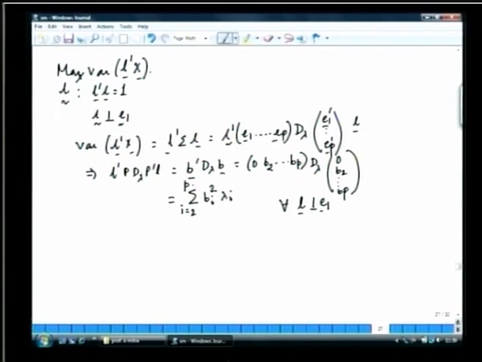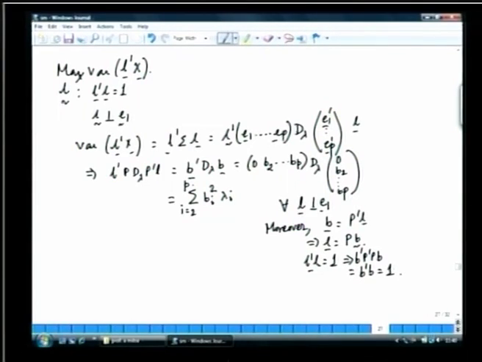And how is this coming? Moreover, we have certain other things to be followed. We have B, if you see that B has been replaced for P prime L, so that L is nothing but P B, and L prime L equals 1 implies that you have B transpose P transpose P B, which is equal to B transpose B, and this is equal to 1.